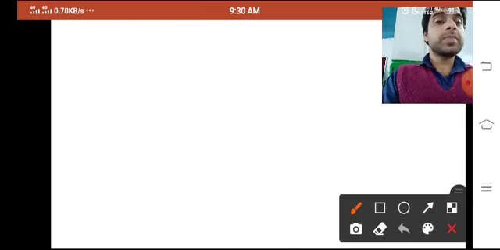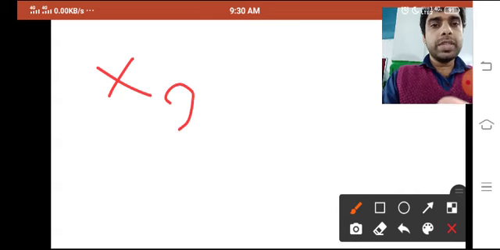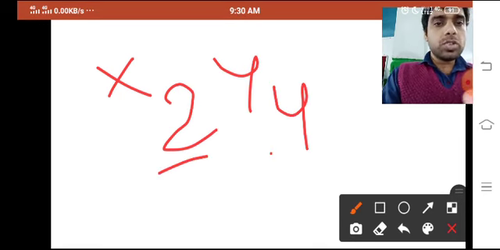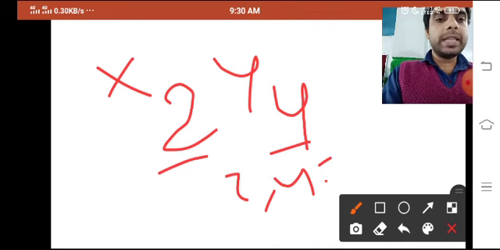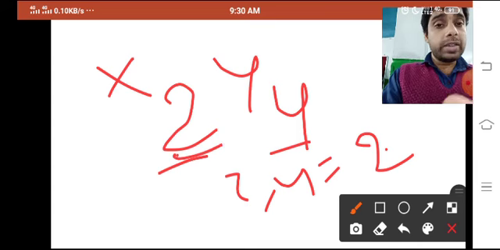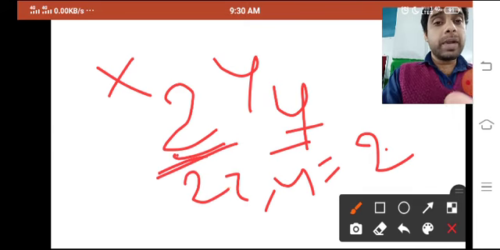What does it mean? If I have written an element X with subscript 2 and Y with subscript 4, the common factor is 2, so all the subscripts can be divisible by 2.